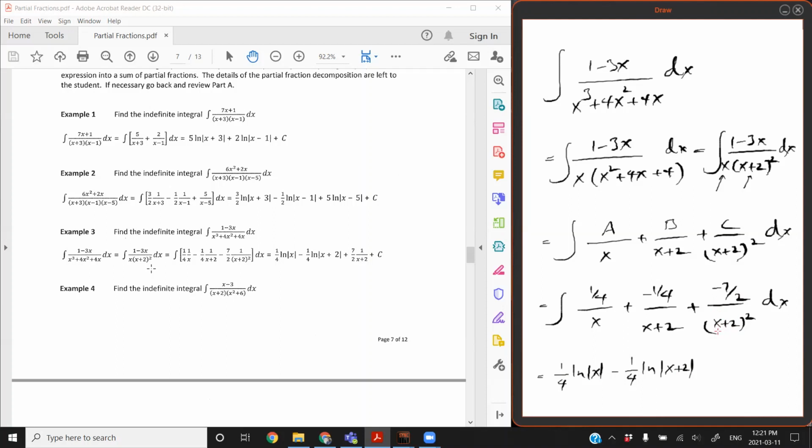If I take u to be x plus 2, then dx and du are the same. So this becomes negative 7 over 2 over u squared times du. And that will give me plus 7 over 2 u to the power of negative 1, which I can also write as 1 over u, plus c.